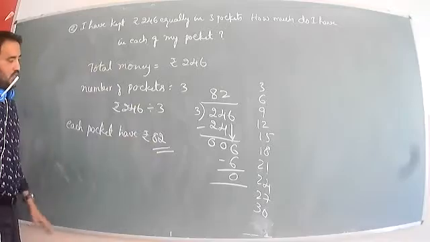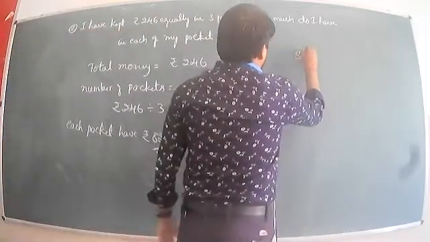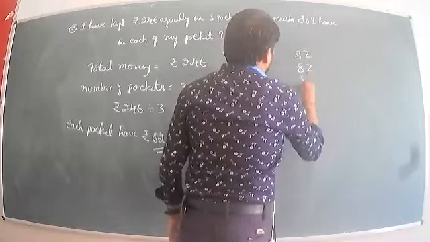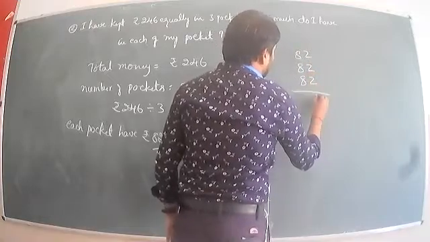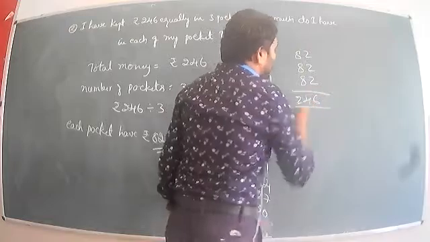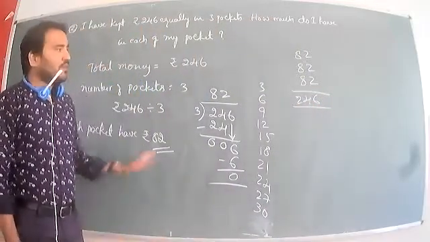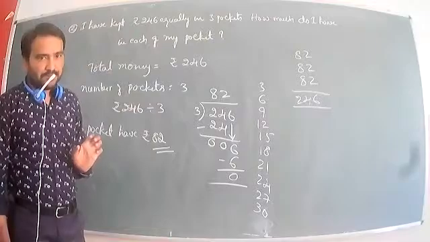We can check: 82 plus 82 plus 82. What is the answer? 8 plus 8 is 16, 16 plus 8 is 24, so 246 rupees. Okay, that is the correct answer.